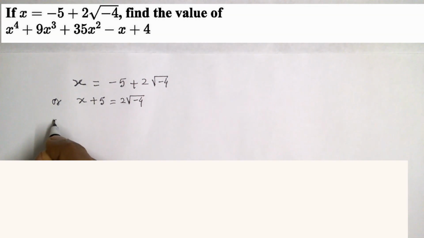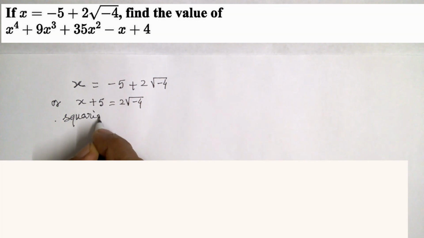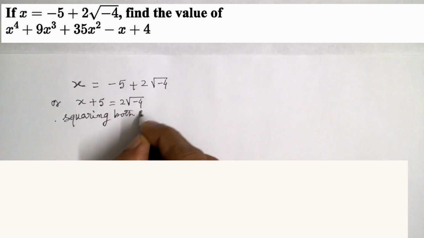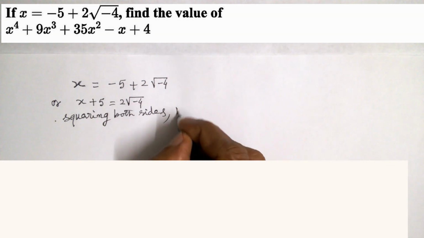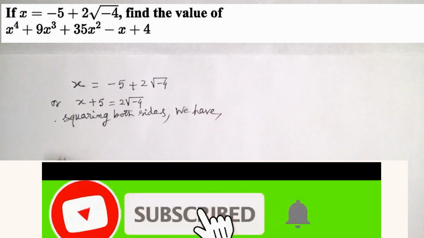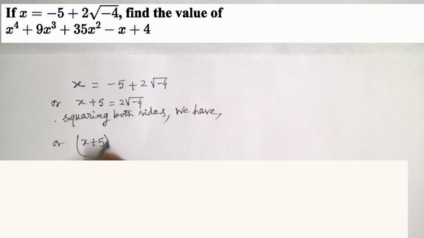So squaring both sides, that is, x plus 5 whole square is equal to 2 root over minus 4 whole square.